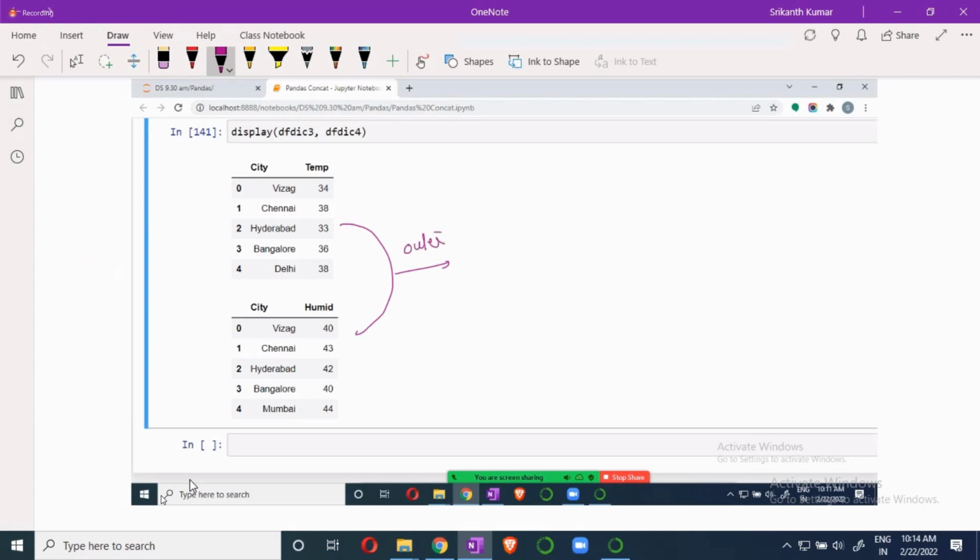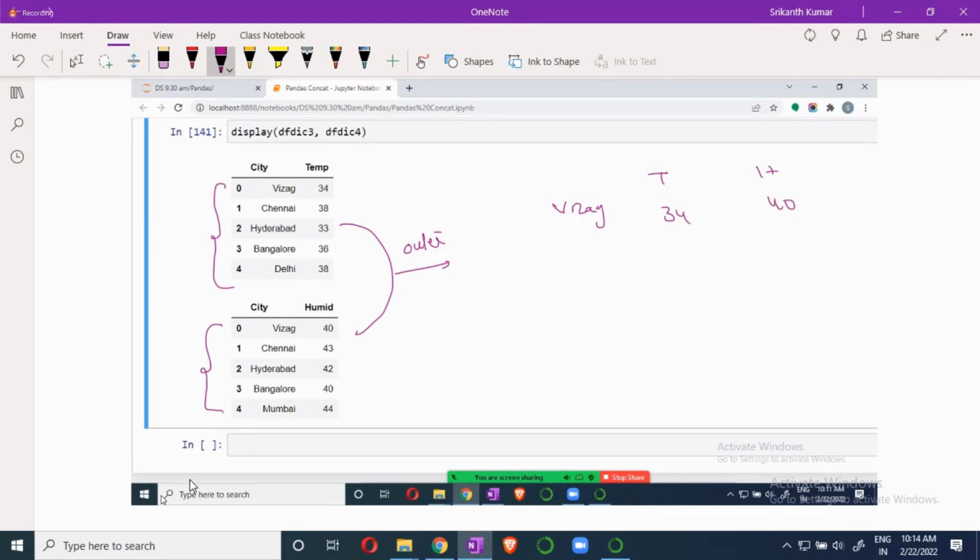Outer means it will take all the values from the left data frame and all the values from the right data frame, and duplicates will not be kept. Usually Vizag will be there. Vizag has the temperature and humidity, that is 34 and 40.